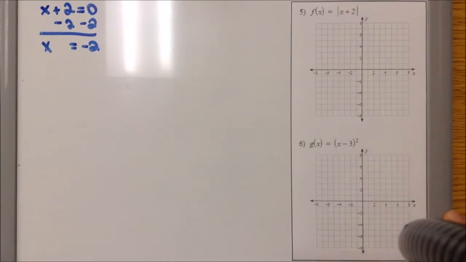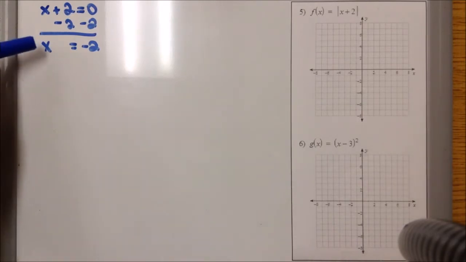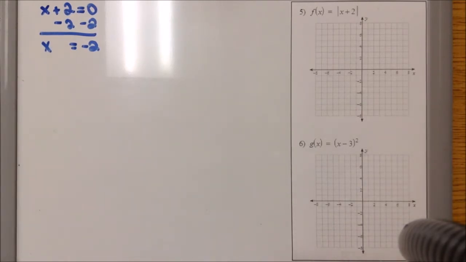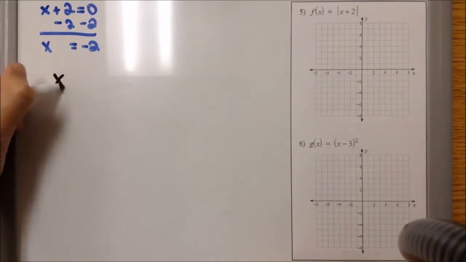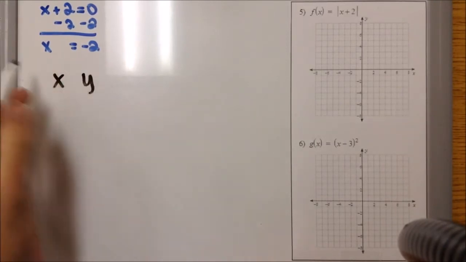So that means we need to find our y. So what I'm going to do is set up an xy table with this in the center. Let me choose a different color, easy to see. So here's our xy table.